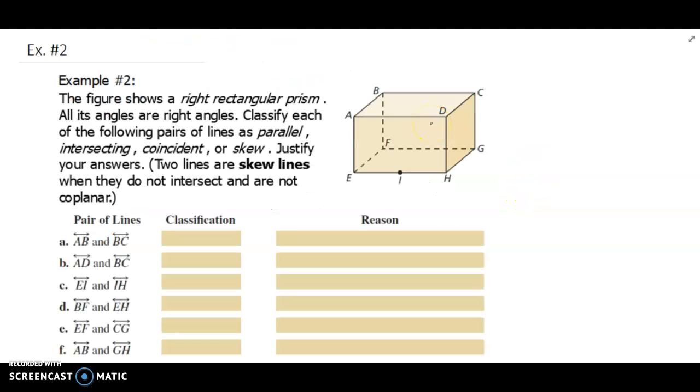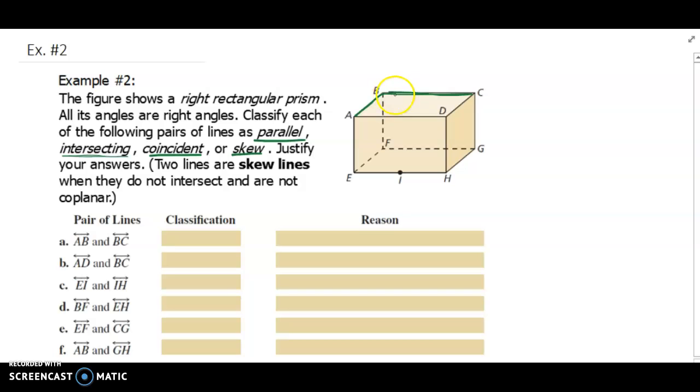All right, so here we're given a figure, and we want to say if lines are parallel, coincident, or skew, or intersecting, but I think if they're intersecting, they're perpendicular, but we'll see here in a minute. All right, so it says lines AB, so AB is here, and BC is here, okay?